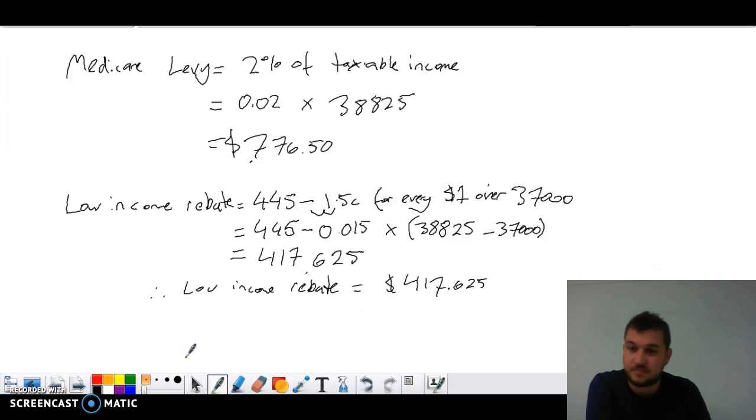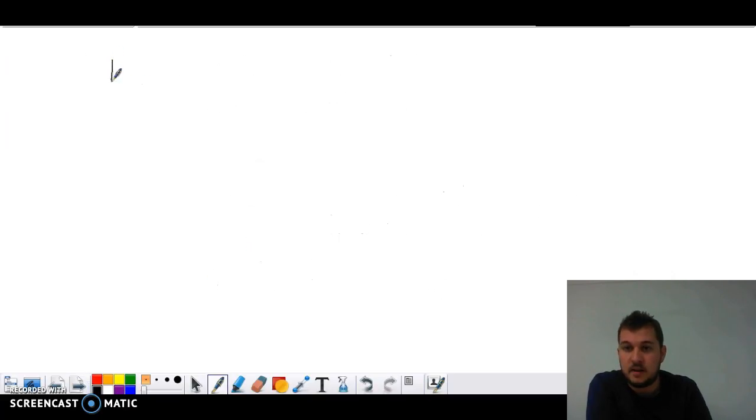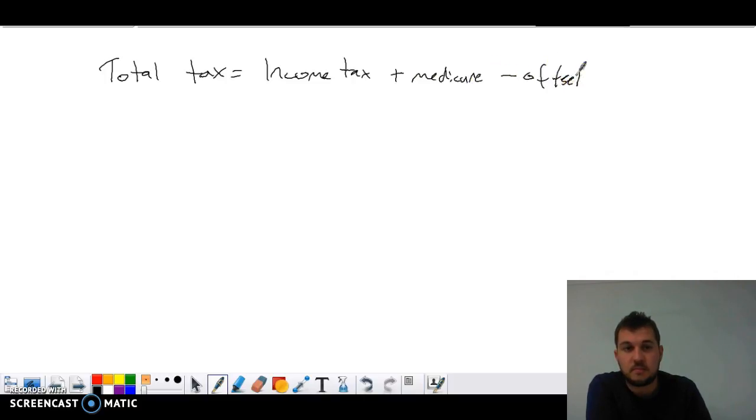Now last step, we've got his income tax, we've got his Medicare levy, and we've worked out whether he has an offset, which he does. So we put it all together. Total tax equals income tax plus Medicare, take away offsets.